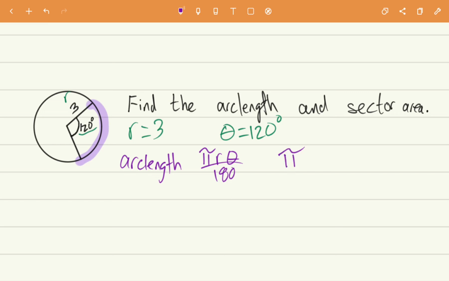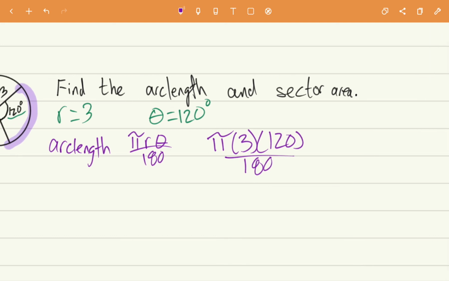We have pi times 3 times 120 over 180. 3 times 120 gives us 360. So we have pi times 360 over 180. 360 and 180 cancel out to 2 over 1. So we are just left with 2 pi.